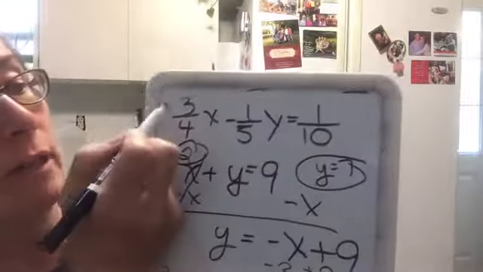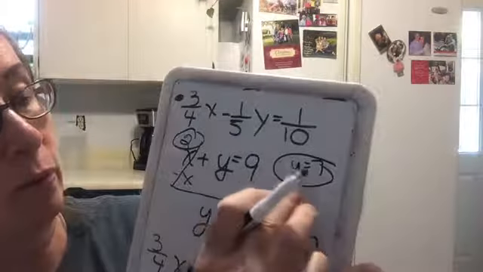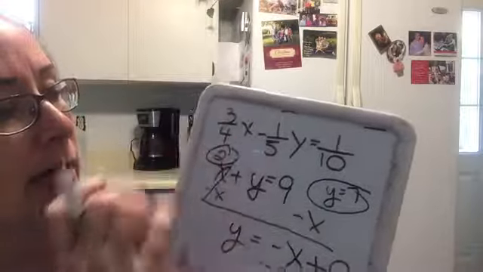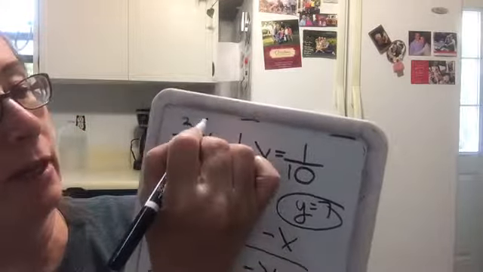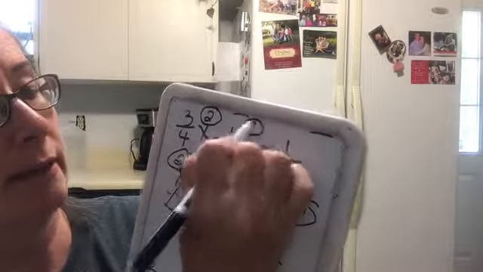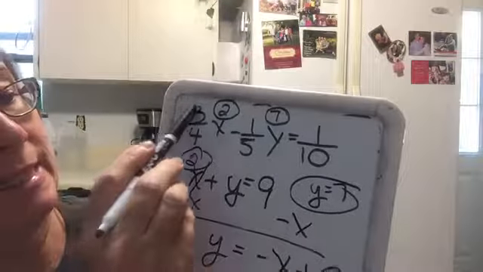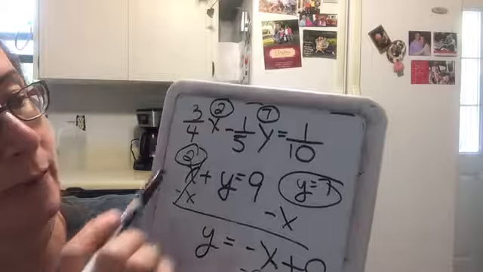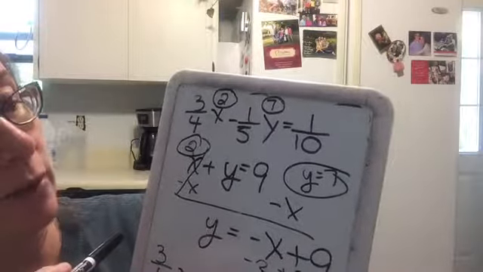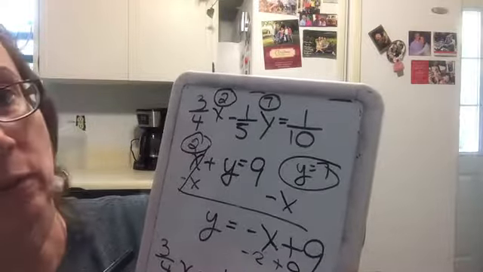So we will use the equation we haven't touched in a little bit, this one up here, to substitute them both in and check. Okay, so we're going to plug a 2 in here for the x and a 7 in here for the y. Okay, and we've got 6/4 because the 2 is the x, 6/4 minus 7/5 equals 1/10.